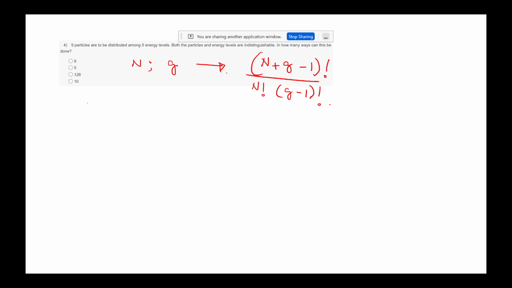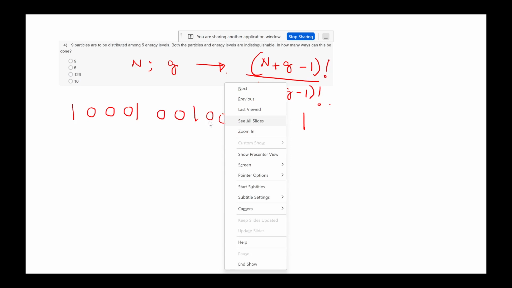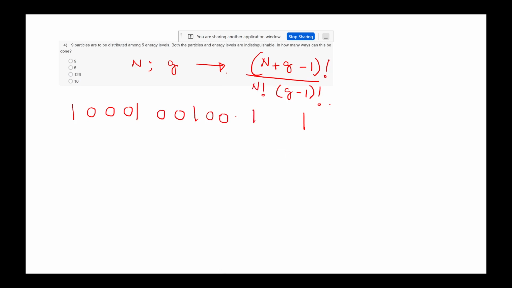Now, in boson statistics, there is no limitation on how many particles should be there in one energy level. Let's say I am giving you 5 energy levels and 9 balls. This can be distributed like this.